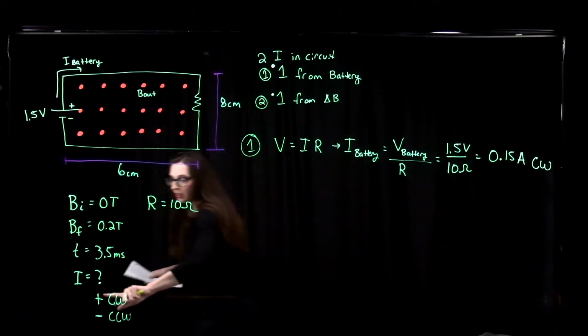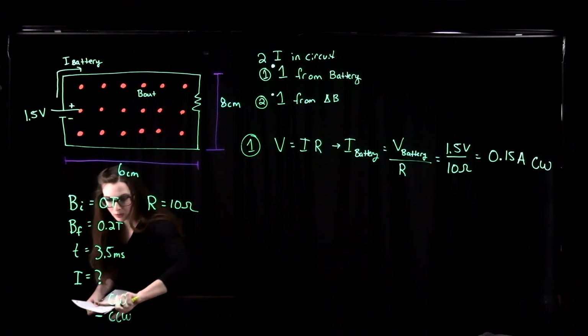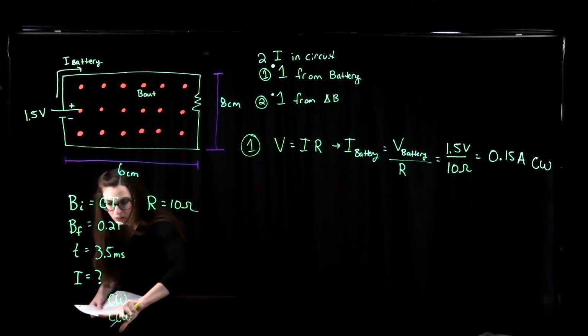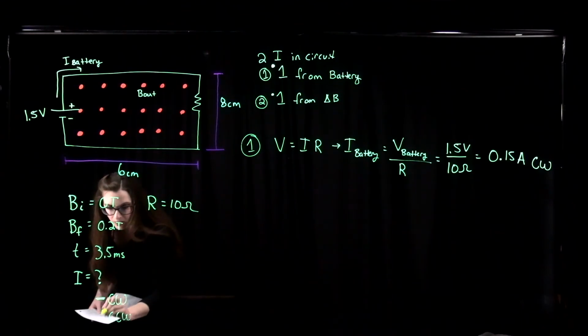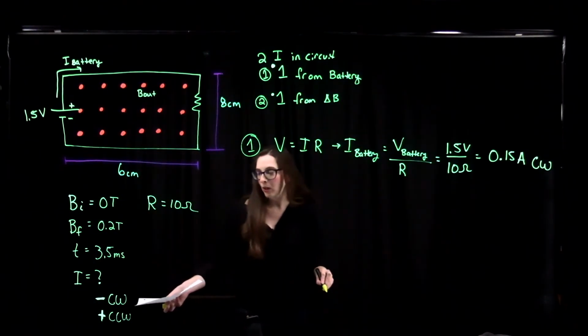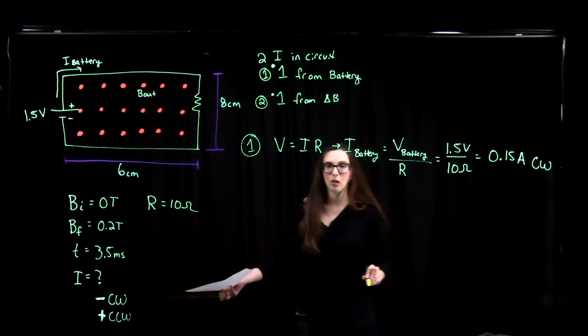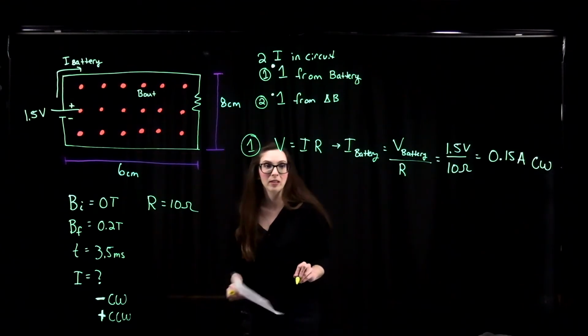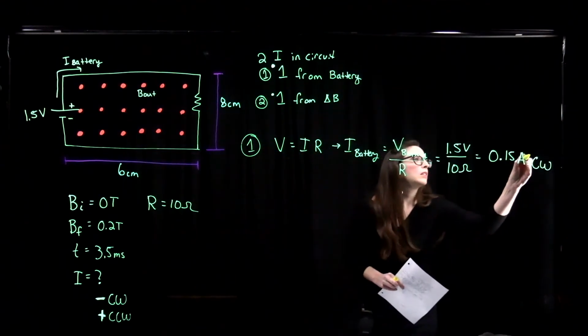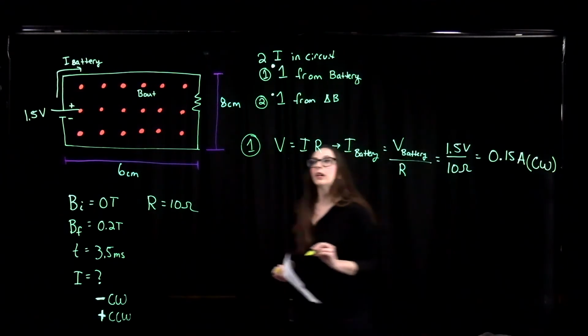Over here, I wrote these wrong. We're going to call a clockwise current negative and a counterclockwise current positive. The clockwise current is going to be negative and our counterclockwise current is going to be positive.